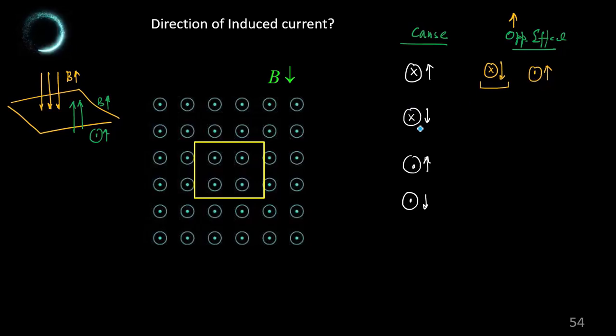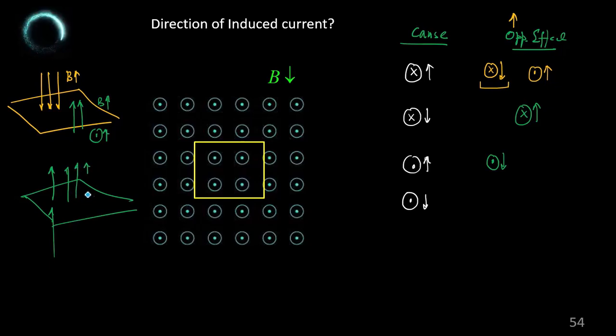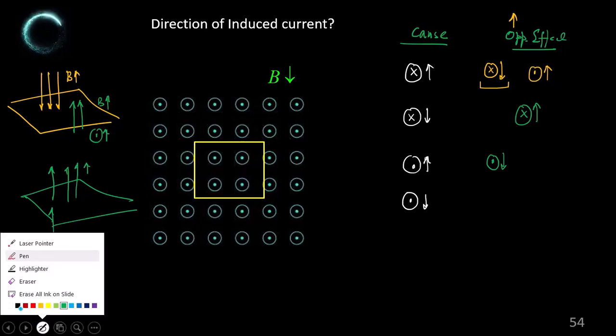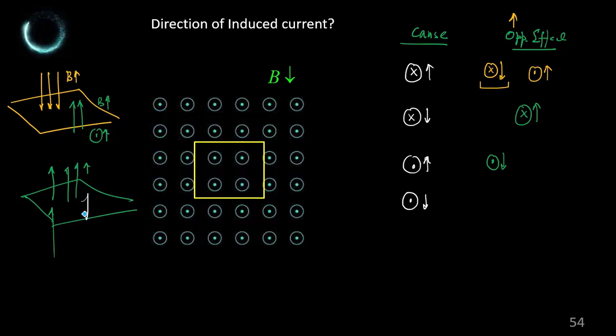If I reduce the cross, then the opposing effect is increasing cross. If I increase the dot, the opposing effect would be to reduce the dot, but again that is not possible. If I say these green colored dot field lines are increasing, then the opposing effect is that you have to produce the magnetic field in the other direction, so you have to increase the cross magnetic field.